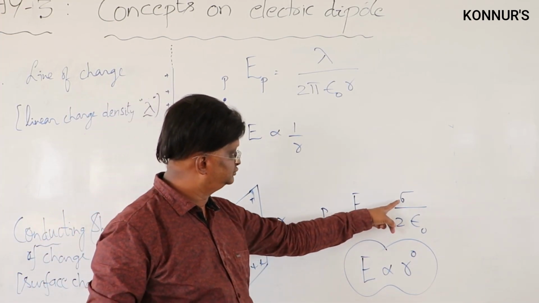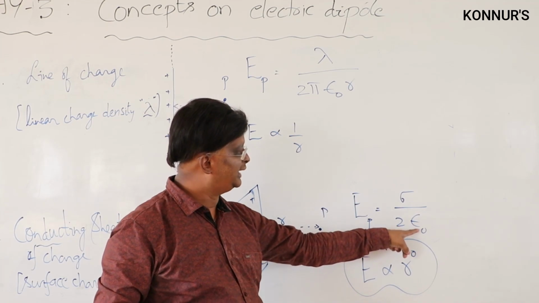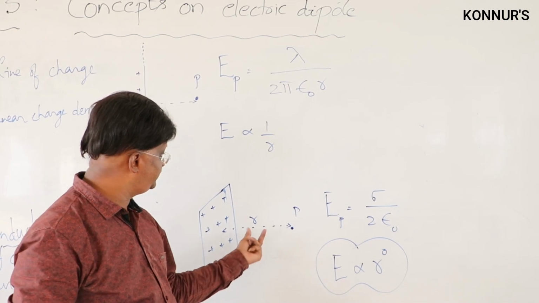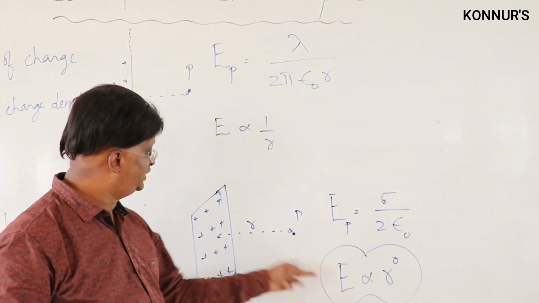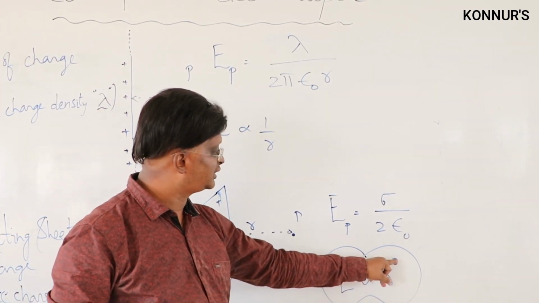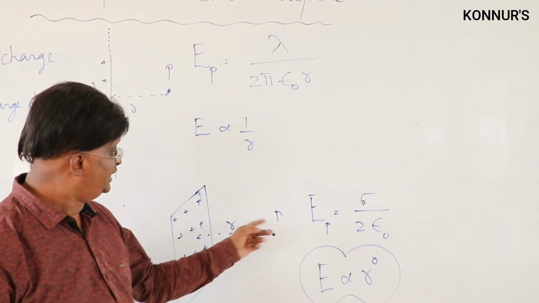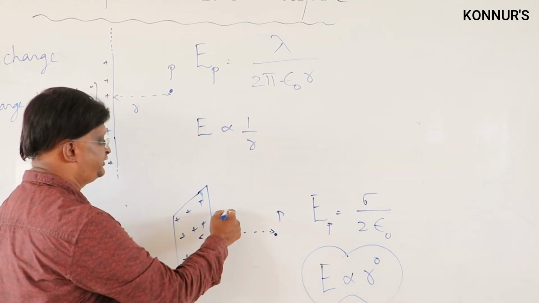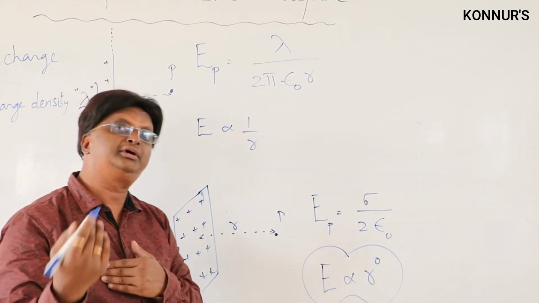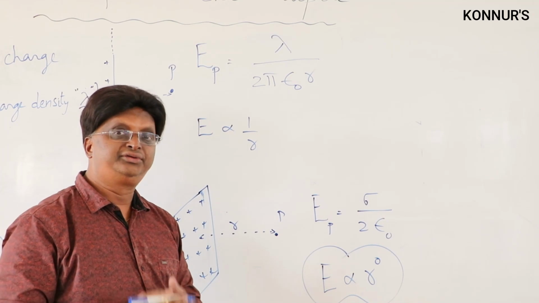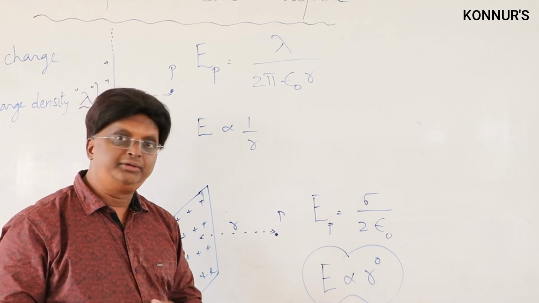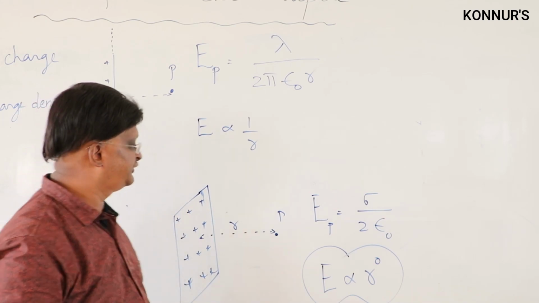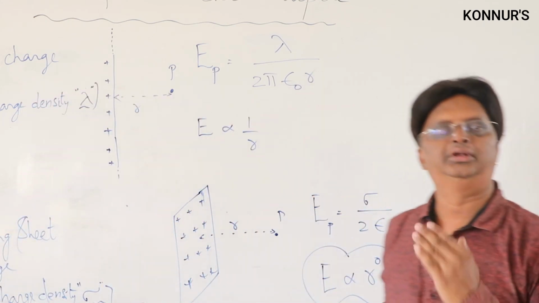Now at this point P, the intensity is a quite interesting result. E_P is equal to sigma by 2 epsilon naught. You will find this expression is independent of the distance term, E proportional to r raised to 0, I have written, right? Independent of distance, what does it mean? Whether it is a point at a distance of 5 centimeter or a point at 10 centimeter, the intensity is the same at each and every point, which means that the electric field produced by a sheet of charge is a uniform electric field, right?